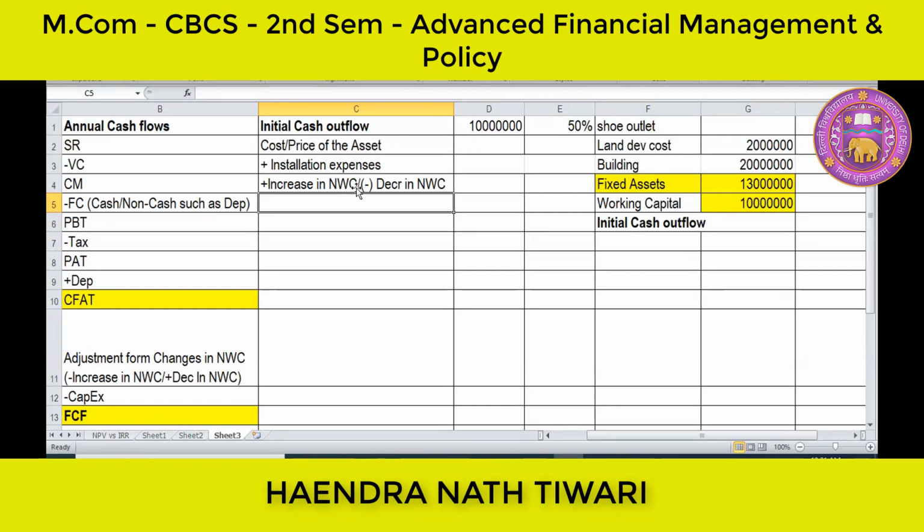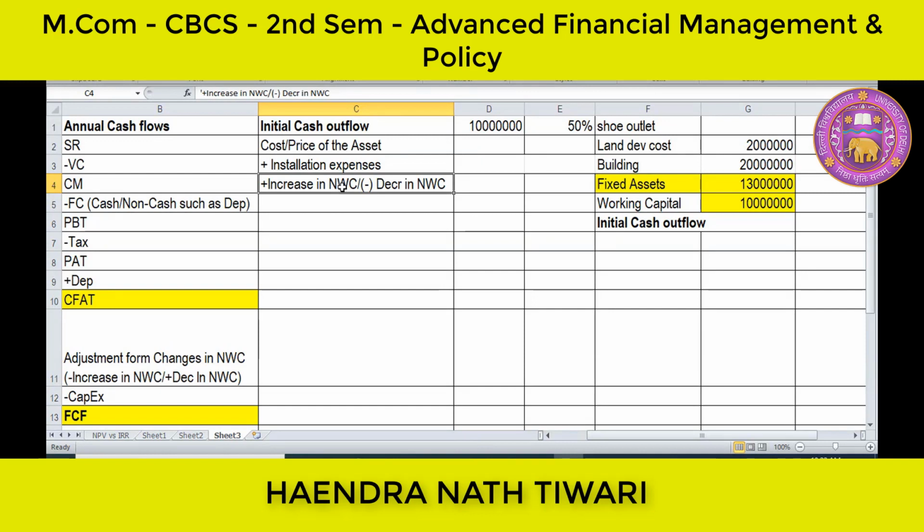So this means you will not only pay the cost of the asset to the vendor, you will not only pay the installation expenses, repair expenses, the overhauling expenses, you will also invest money to buy more raw material, hold more cash. And what will you do if you produce more? You will have to sell more. And there is a probability that to increase sales, you are selling more on credit. So all three components will go up.